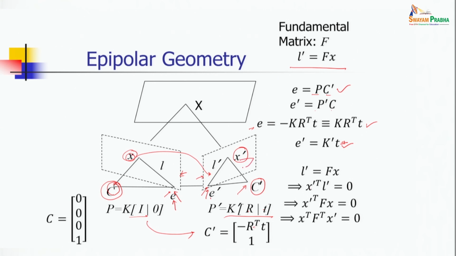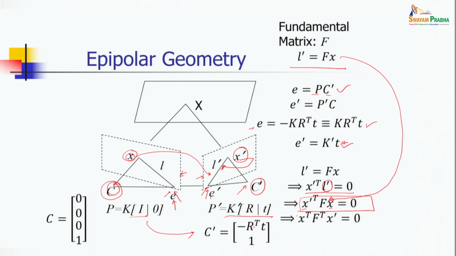Since x prime lies on this L prime, I can write x prime transpose L prime equals 0. This is a point containment relation, and then this L prime is replaced by Fx. So you can see now this equation, x prime transpose Fx equals 0, directly relates these two point correspondences.